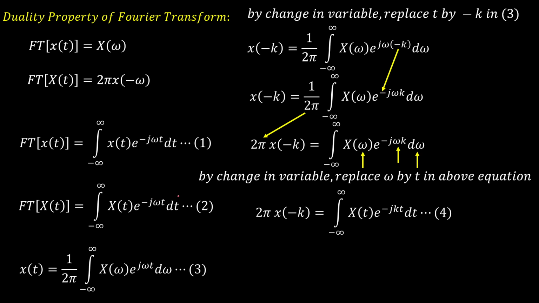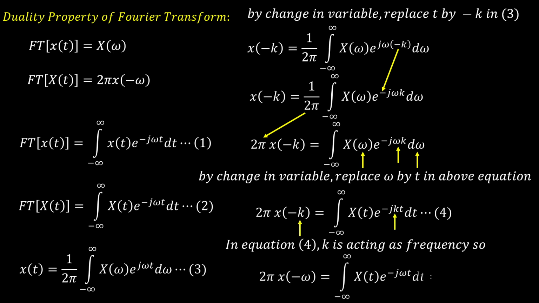So, we will simply replace k by omega in expression 4. Now, we have 2 pi small x of minus omega equal to integration of capital X of t into e raised to the power minus j omega t with respect to t, where t is changing from minus infinity to plus infinity, which is nothing but the Fourier transform of capital X of t.